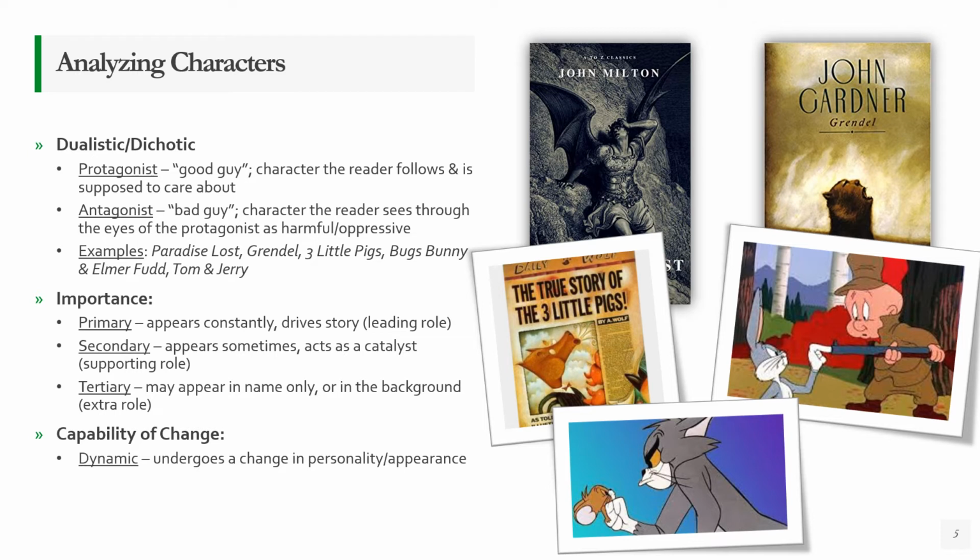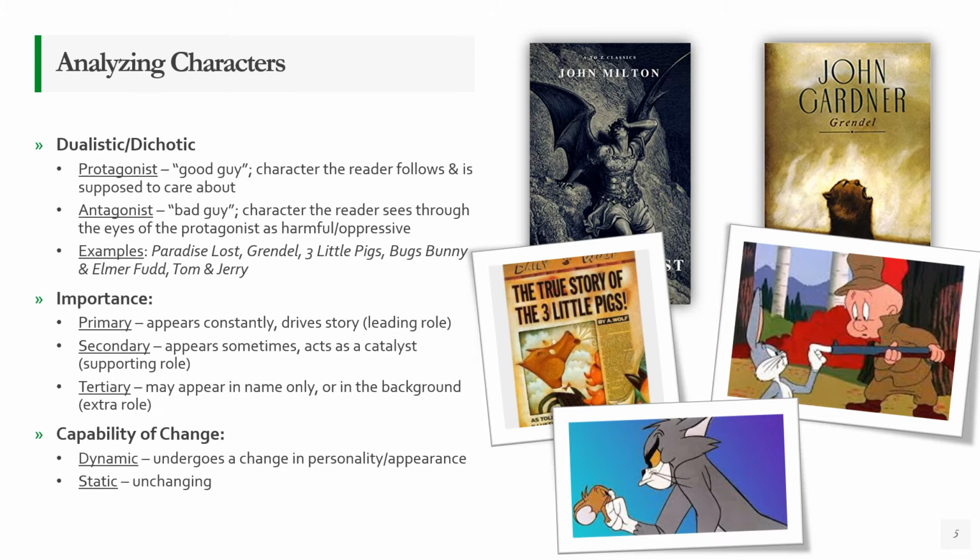And we see this happen with a lot of different characters in literature, even with the examples that we've mentioned. So typically a protagonist is a dynamic character who undergoes a sense of change, and they're usually very easy to recognize for that reason. The other version that we can look at here is a static character, and a static character is the opposite of a dynamic character.